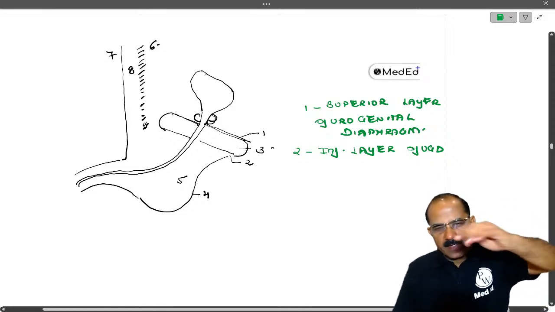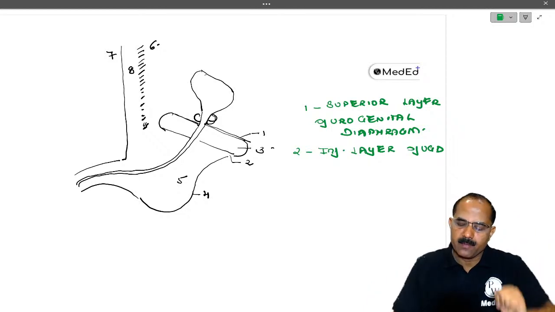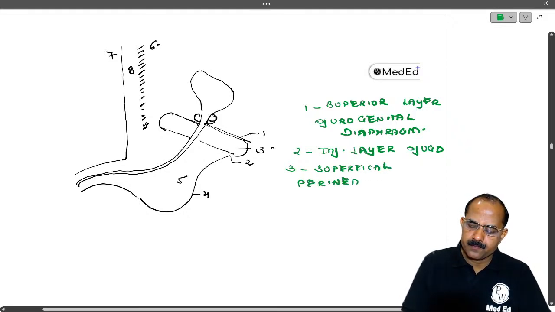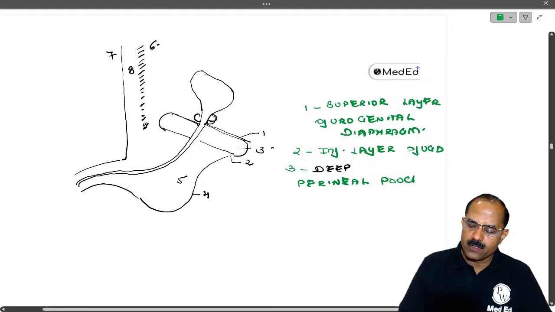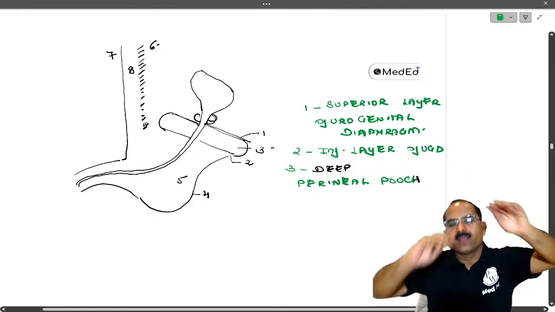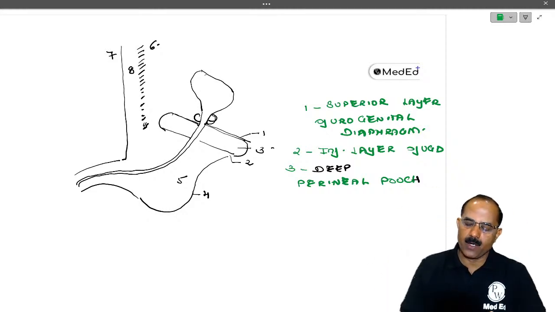Urogenital diaphragm is a membrane, ना? एक होता है superior layer, एक होता है inferior layer, and number 3 is the deep perineal pouch. Where is the deep perineal pouch lying? It is lying between the superior layer of urogenital diaphragm and the inferior layer of urogenital diaphragm. इनके बीच में जो pouch होता है, that's a deep perineal pouch.